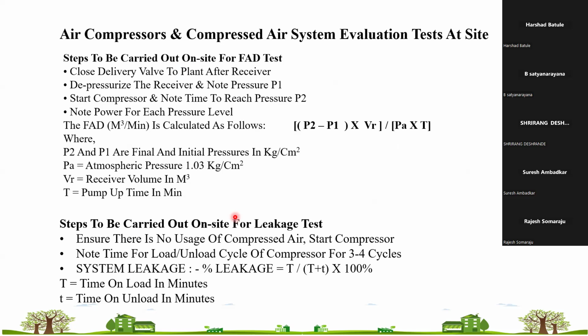Let's say 7 bar is your desired pressure and your input pressure is 1 bar. So your pressure ratio is 7. So P1 into Q1 into log of 7, divided by 36.57. And your input power is, let's say, 30. That ratio is called the isothermal efficiency.